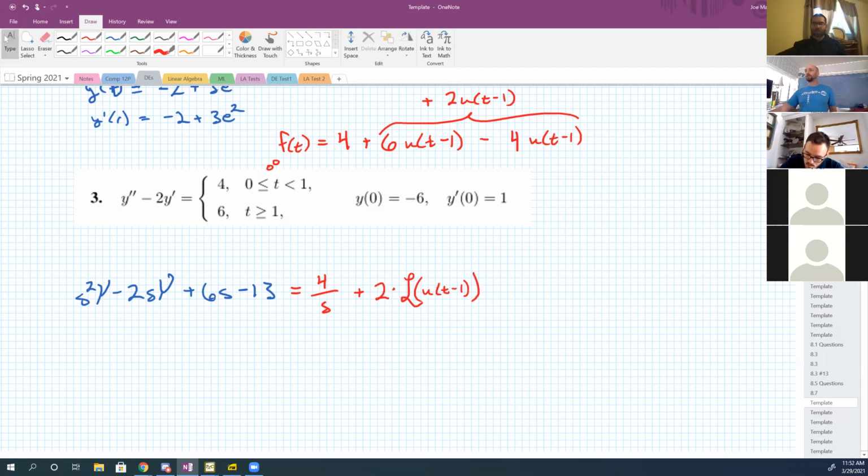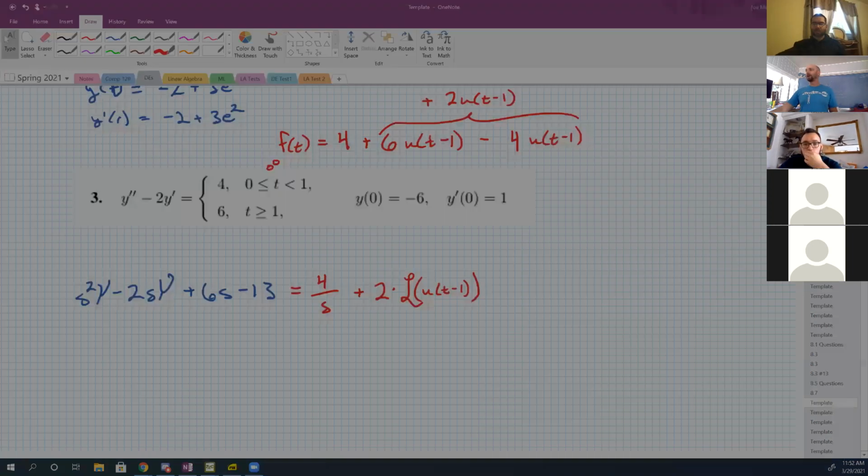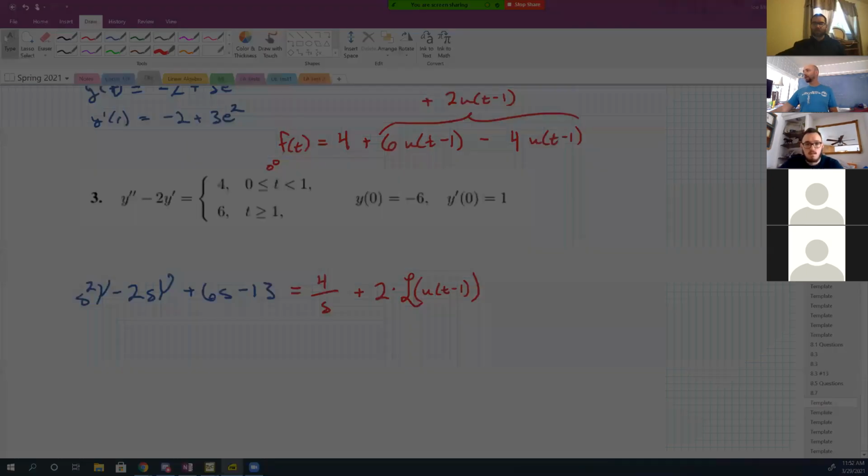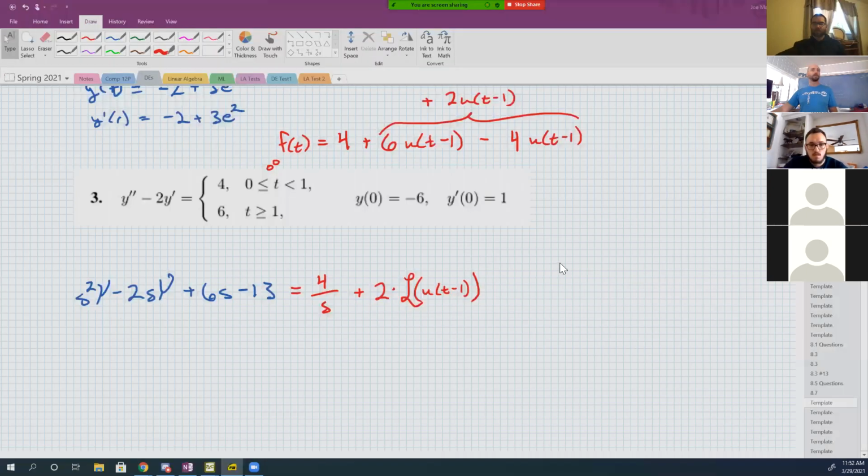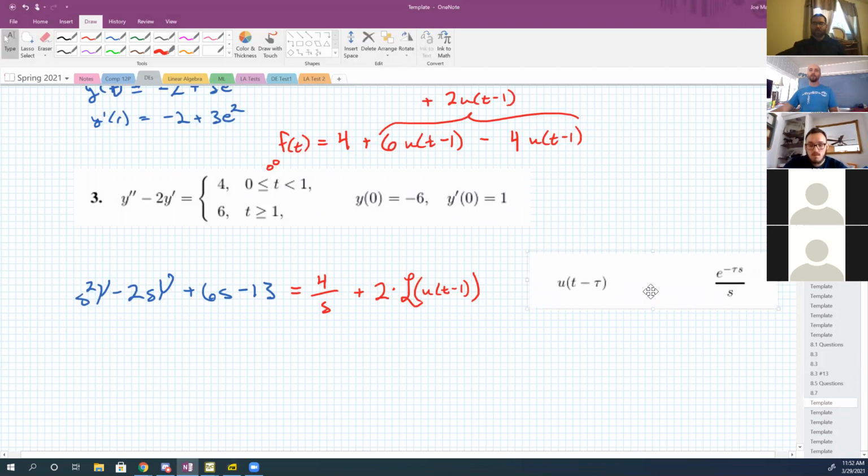Okay. So I'm going to look at my table. I'm going to go find u of t minus tau in my table. I get that the Laplace transform of u of t minus tau is e to the minus tau s over s.